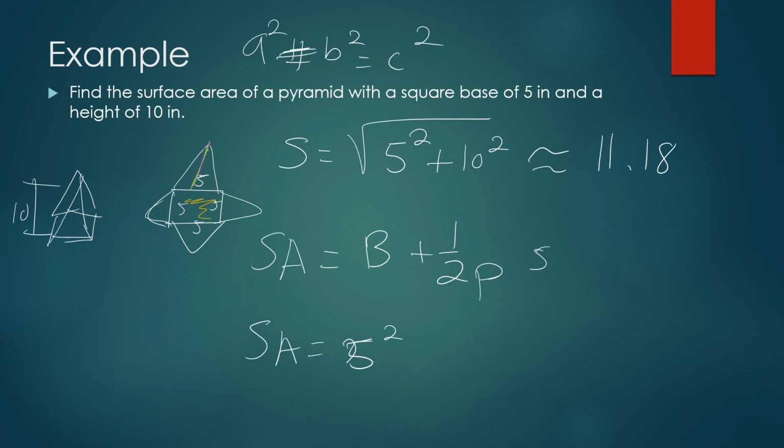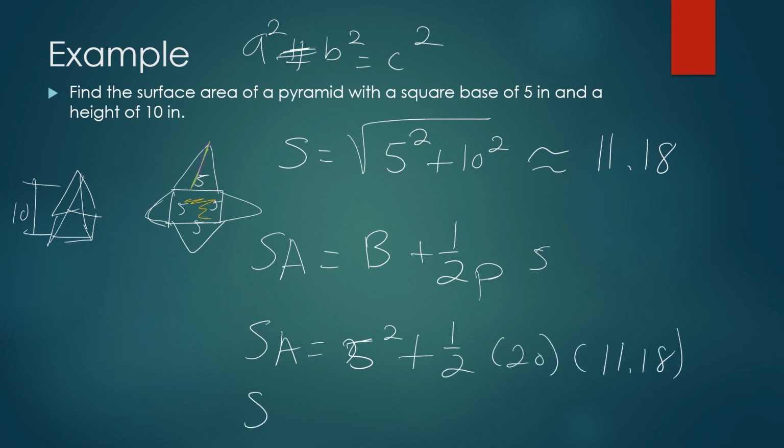We are doing 1/2 because we have triangles on there. P is the perimeter, which is 20, and then we have S as our slant height. So 5 squared plus 1/2 times 20 times 11.18.